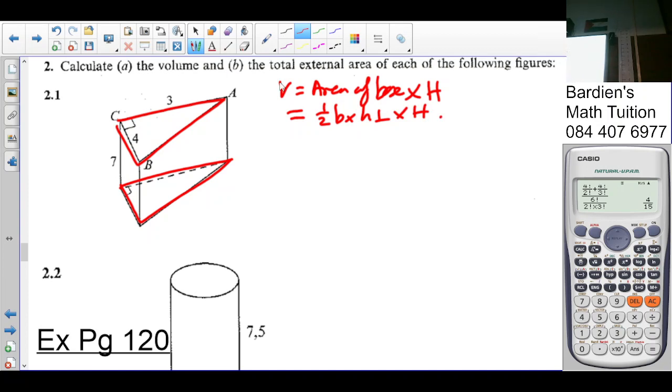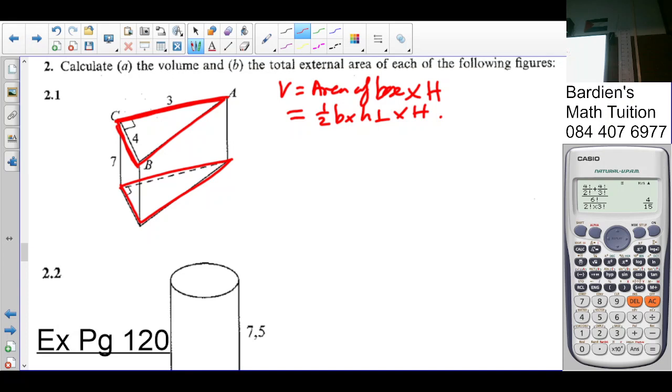As you can see, we highlighted the base already, the triangle. So if 4 is your base, then 3 is your height. Or if 3 is your base, 4 is your height. Any confusion? It's all to do with the 90 degrees, no?